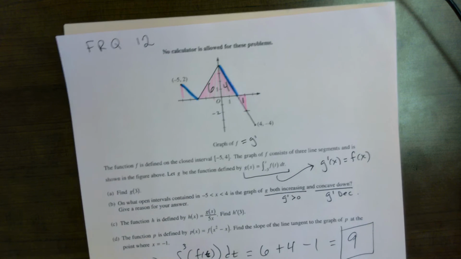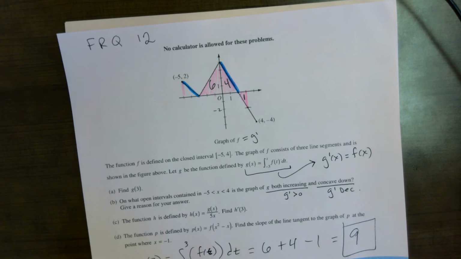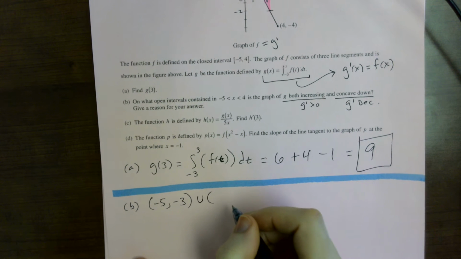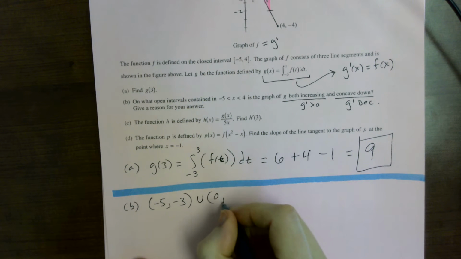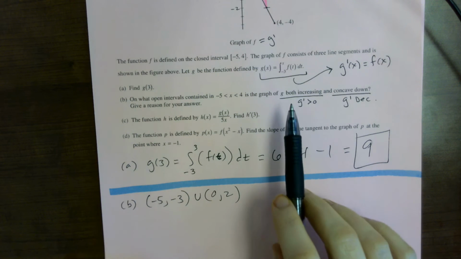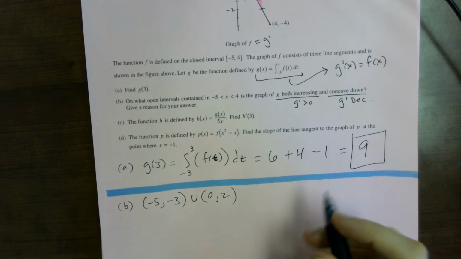All right, so this is part B. So the answer is from -5 to -3. Oh, you can't see, sorry. Union from 0 to 2. And then the reason needs to connect that F is in fact the graph of G prime, and then what aspects of the graph are telling us that G is increasing and concave down.